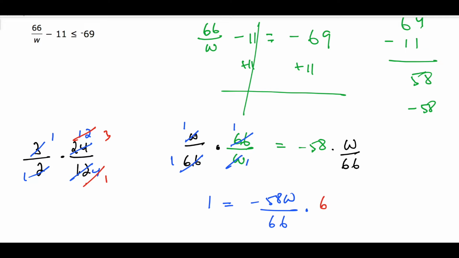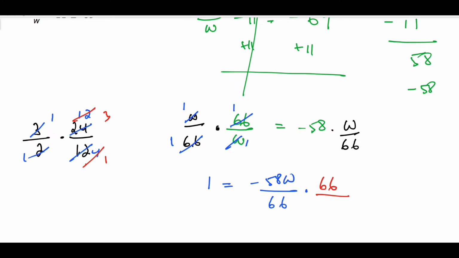So you can go 66 over, and to make it clean, I'm going to put negative 58 here. So why did I pick a negative 58? Because that's what it is. So that way I get 1, not negative 1. So it ends up being a negative divided by a negative, or a negative times a negative.